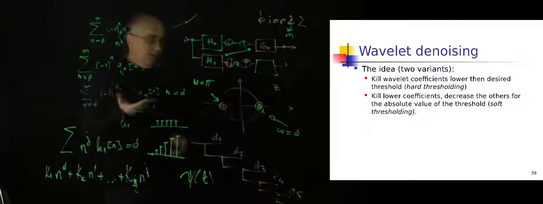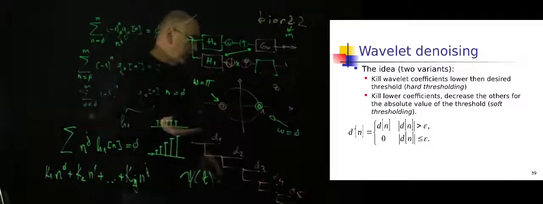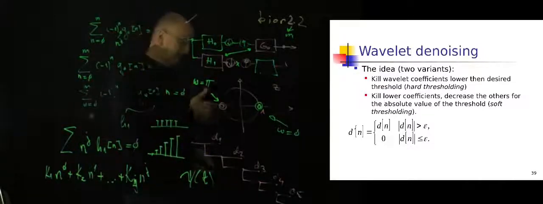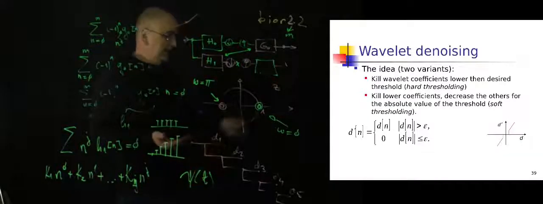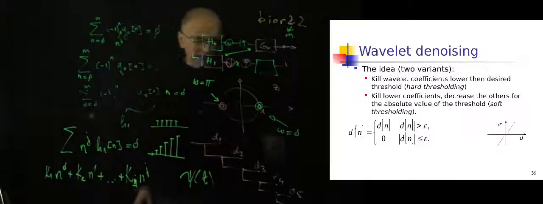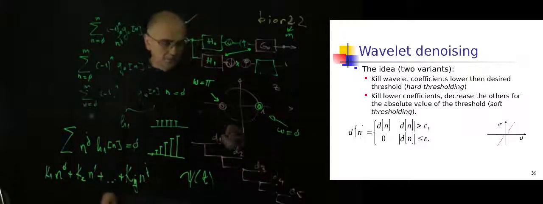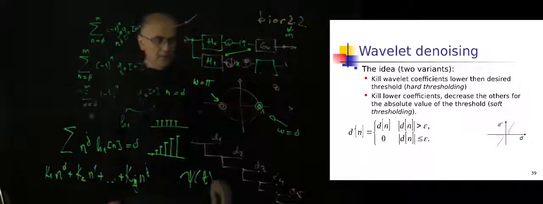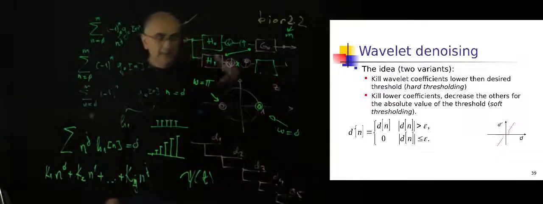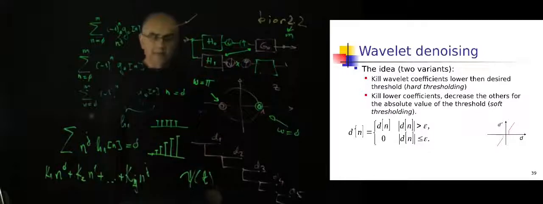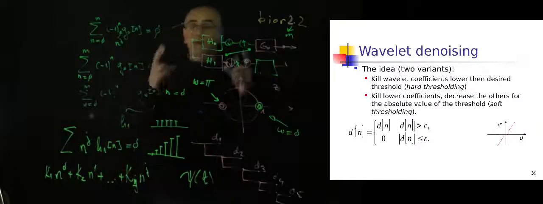Let's see both examples. This corresponds to hard thresholding, so killing the small ones. What we are actually doing, in the wavelet domain, is a non-linear operation on the wavelet coefficients. We are killing the small ones and leaving the big ones unchanged. You can see the sketch on the right-hand side and the equation on the left-hand side. And what is soft thresholding?